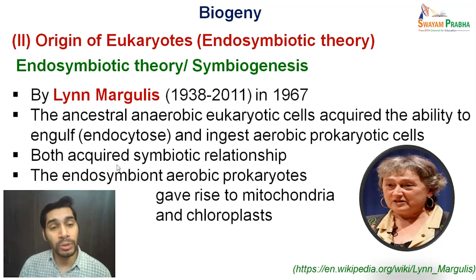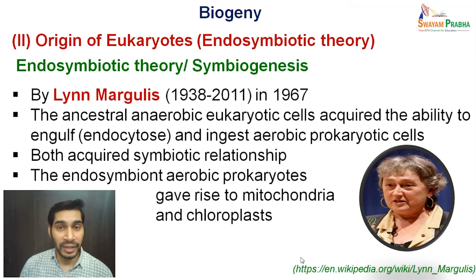With time, both of these cells acquired symbiotic relationships. The endosymbiont aerobic prokaryotes, which were engulfed by these eukaryotic cells, gave rise to mitochondria and chloroplast.